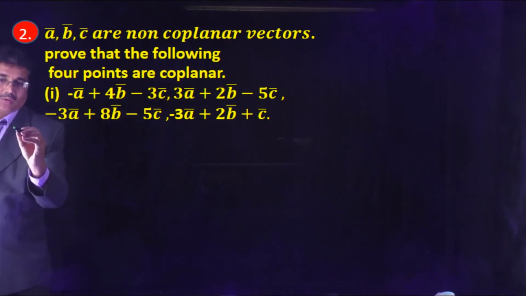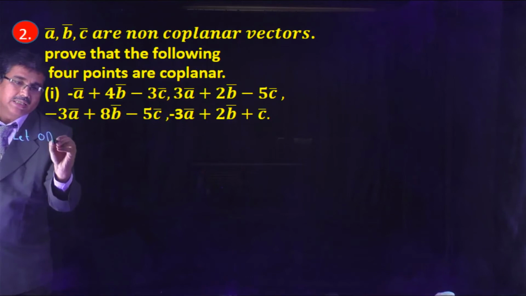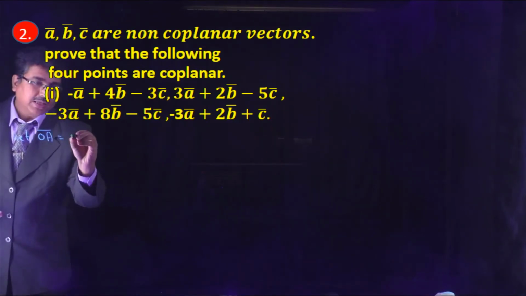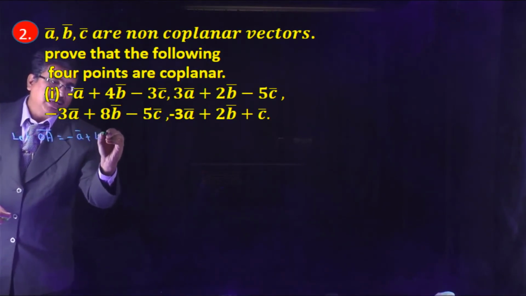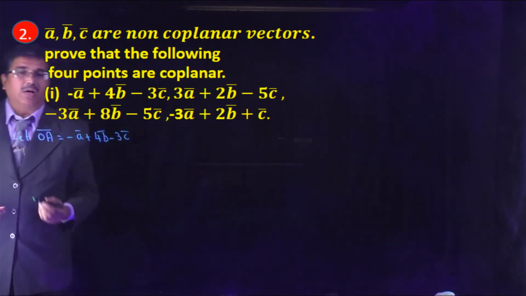Let OA bar be equal to minus a bar plus 4b bar minus 3c bar.